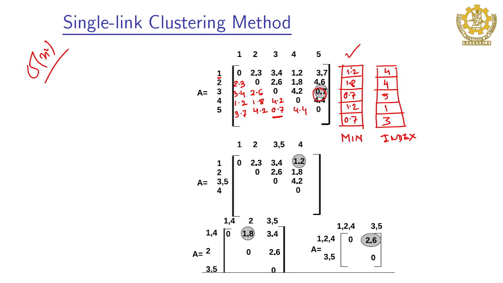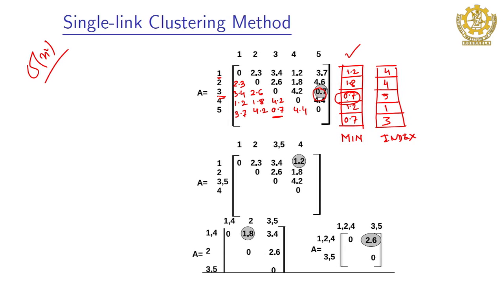So we start searching from here. Where is the minimum? The minimum is here, and we see this minimum appeared with the third row, and then we get the 2 clusters: 3 will merge with 5. So we got 3 and 5 should be merged.